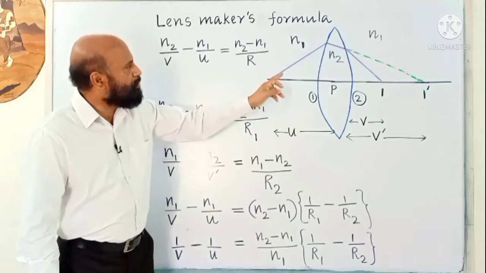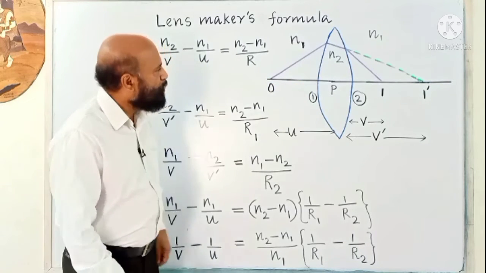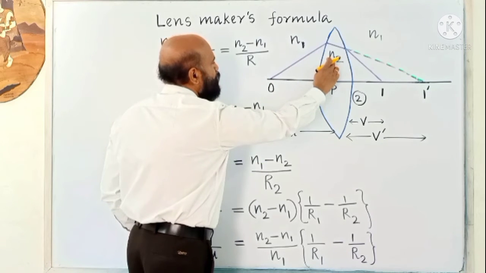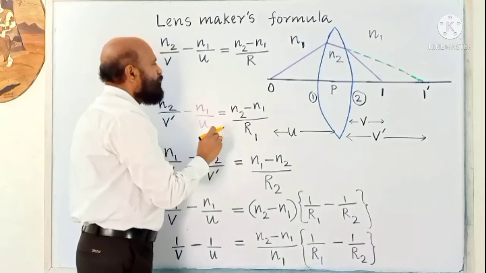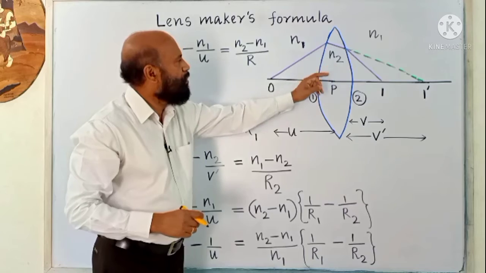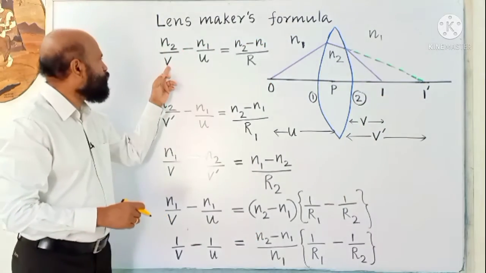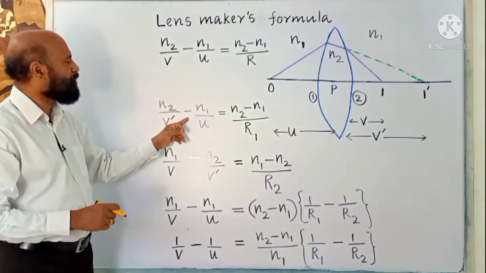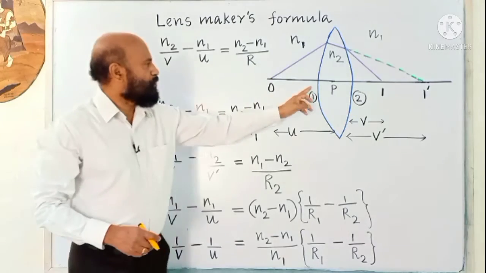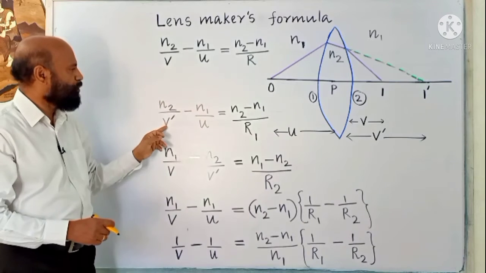First let us apply the equation for the first surface. For this medium it is N2, for this it is N1. So here N2 by V dash minus N1 by U. Since for this surface this is the image, instead of V we now write V dash.